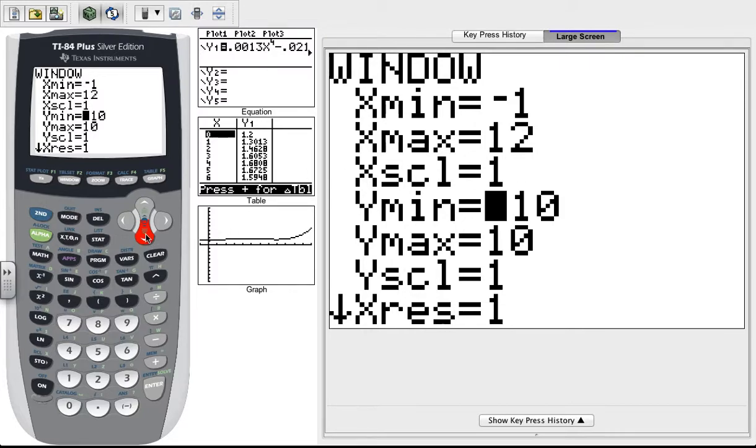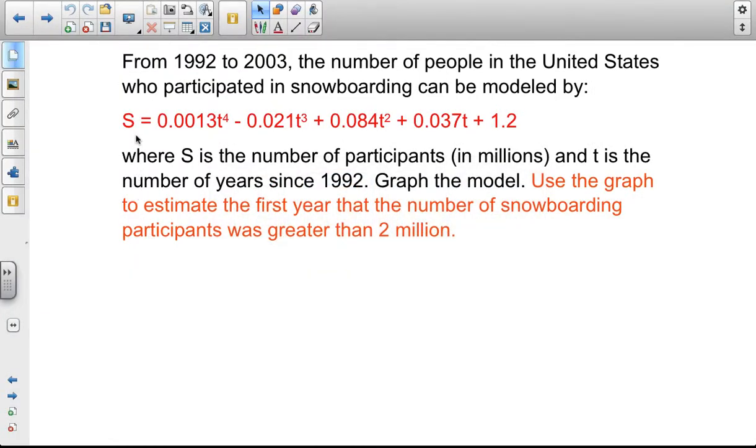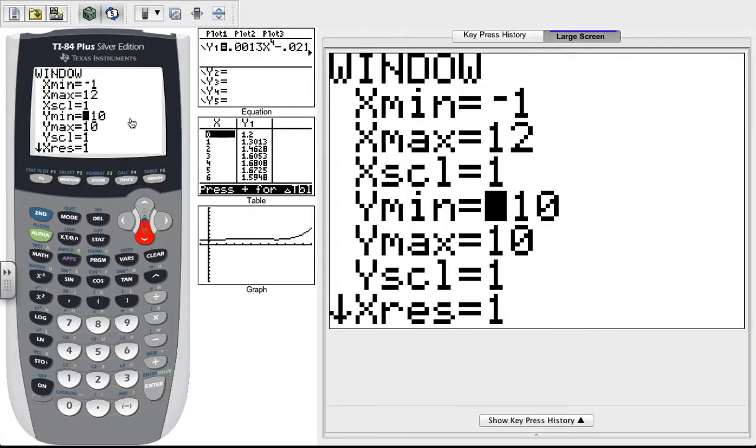Now for my Y scale, my Y axis represents my S. That's my number of snowboarders. Okay. I can't have negative snowboarders. So really I'm going to start at 0. And again, I could have -1 so I don't cut anything off, but here it's not going to matter as much.